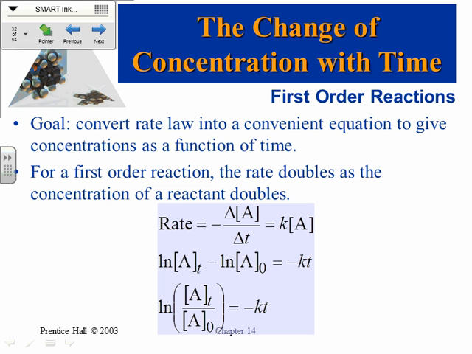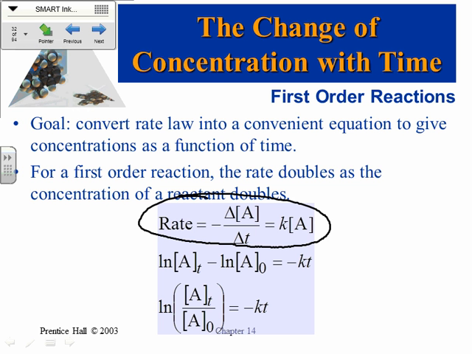Now a first order reaction, we've already gotten this equation. This equation we've talked about. Have we talked about this equation? Yeah, we have. We haven't talked about it all together like this, but if you want to find the rate, you take the negative of the change in the concentration of A over time.